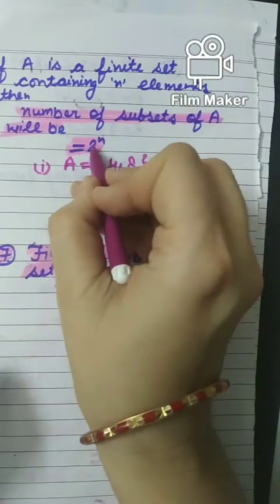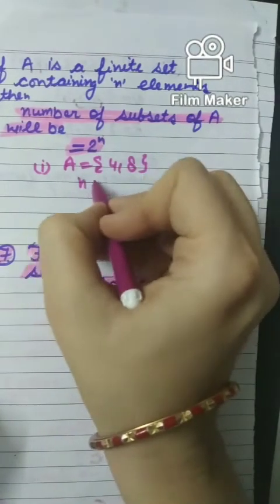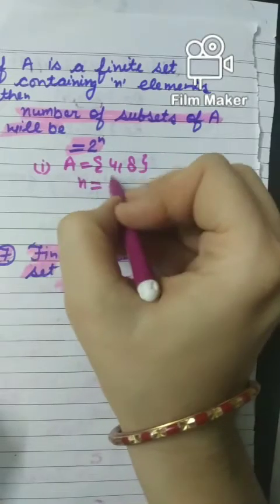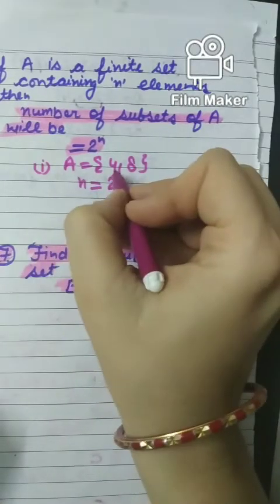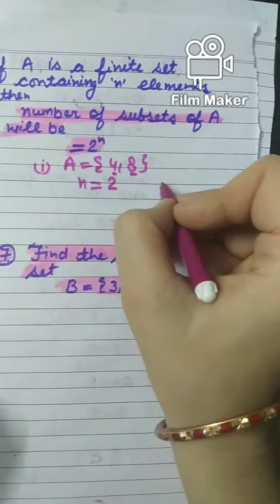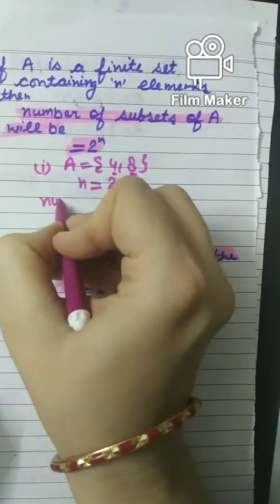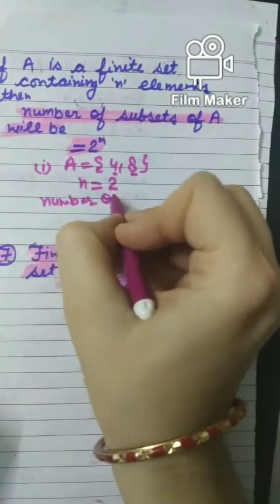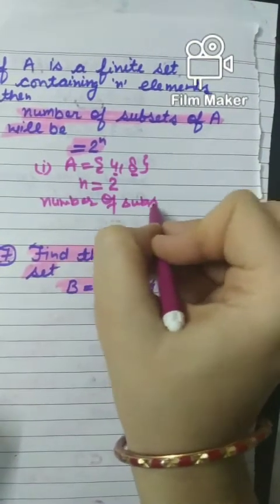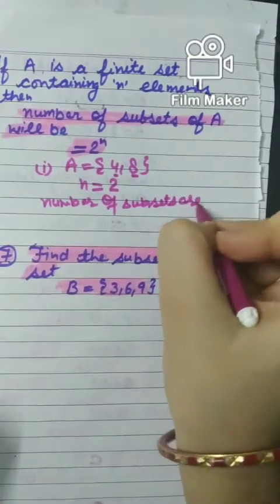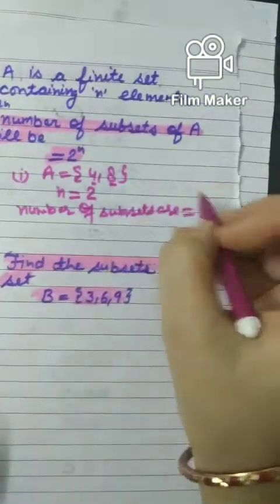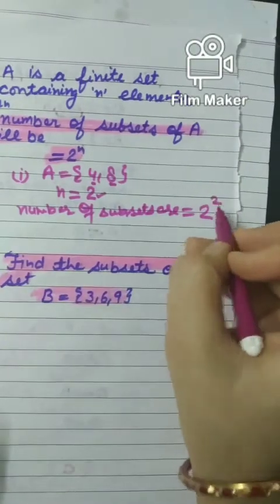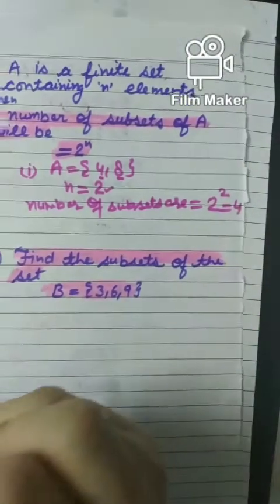So according to this formula, the cardinality of A means n, the value of n is 2, right? Because 2 elements are there. So the number of subsets is 2 raised to power n. n is 2 here, so 2 raised to power 2 means 4. It should have 4 subsets.